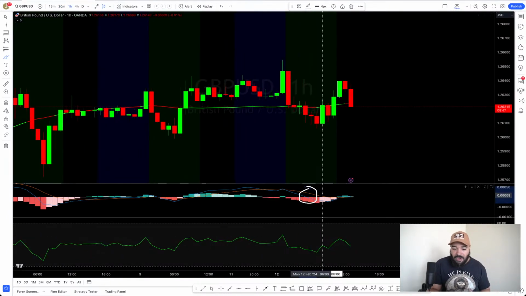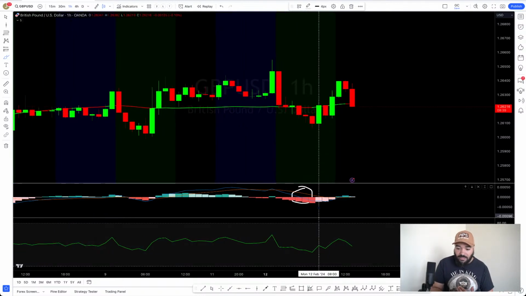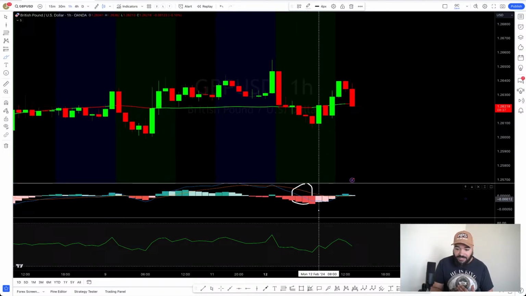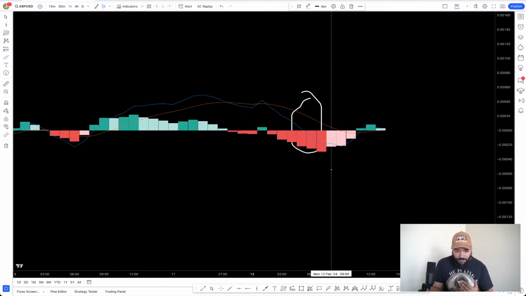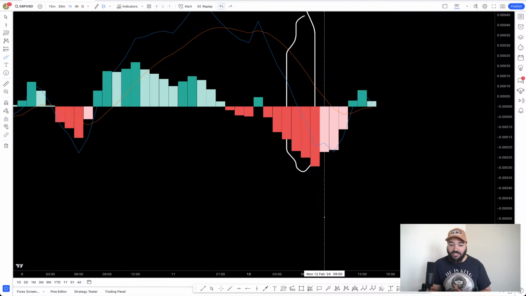You see the blue line is entering the histogram. The blue line is my MACD line. You see how it crossed below the signal line, and how it's entering into the histogram? That's what I'm talking about. So that's the hour chart situation.